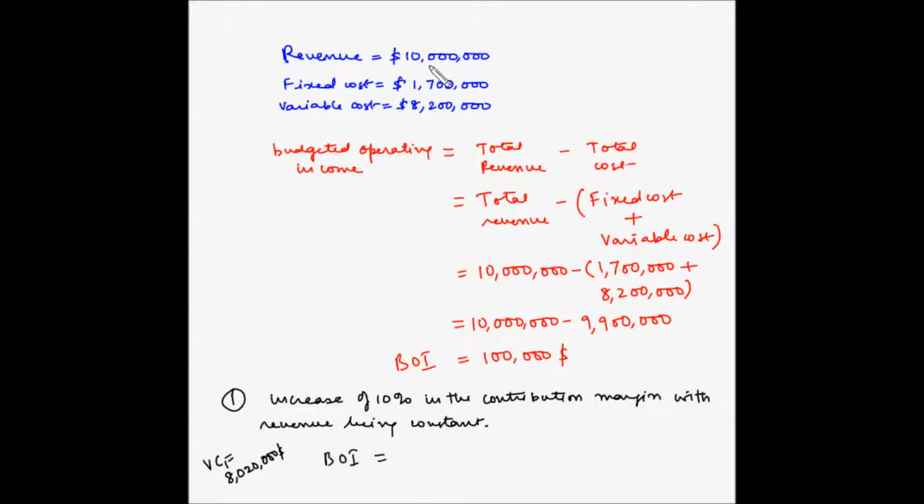So total revenue is the same, 10 million, minus fixed cost is the same, 1.7 million, plus the variable cost, which is changed to 8.02 million.